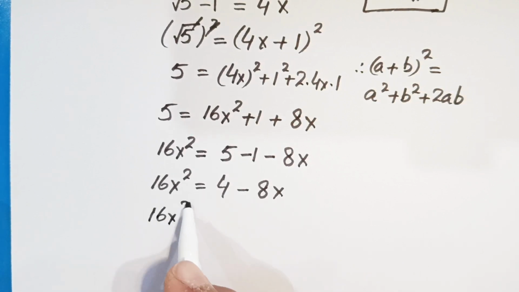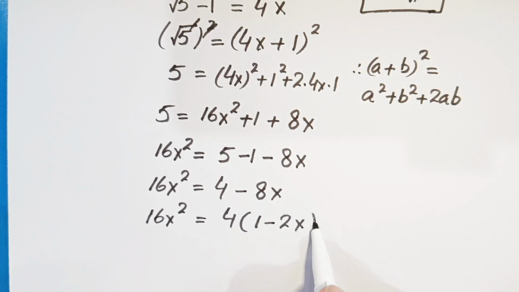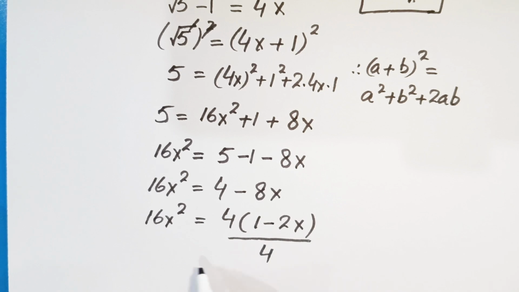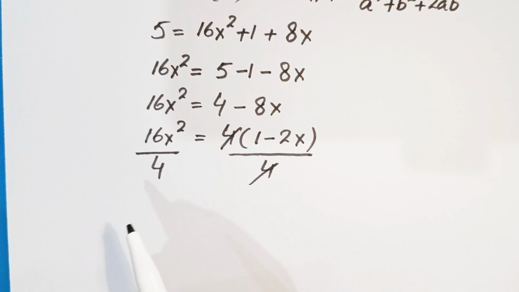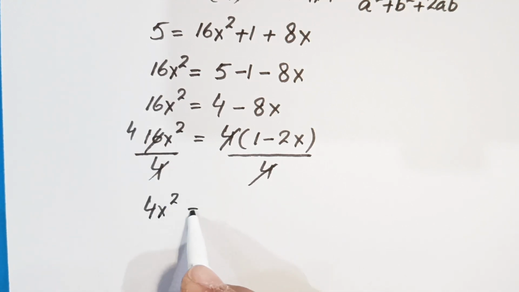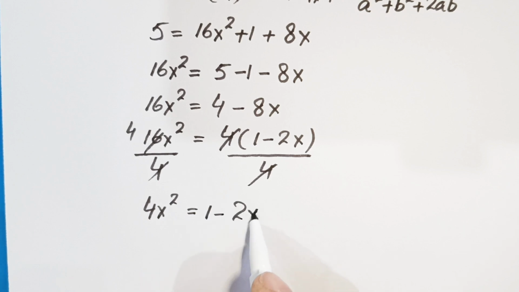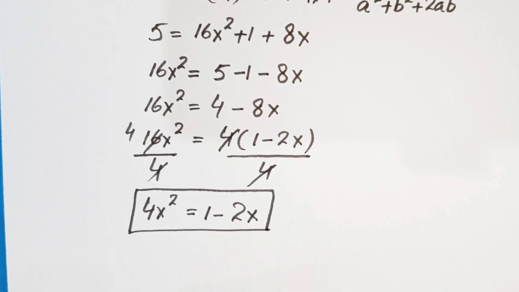So 16x squared is equal to, if we take 4 common, 4 times 1 minus 2x. So dividing both hand sides by 4, cancelling 4 with 4, we have 4 1s are 4, 4 4s are 16. So 4x squared is equal to 1 minus 2 times x. So we just write this value of 4x squared.